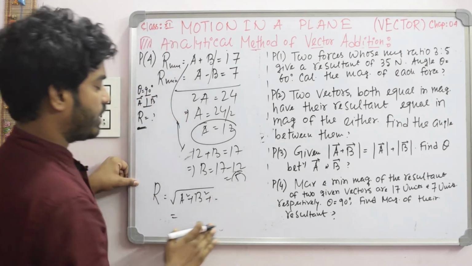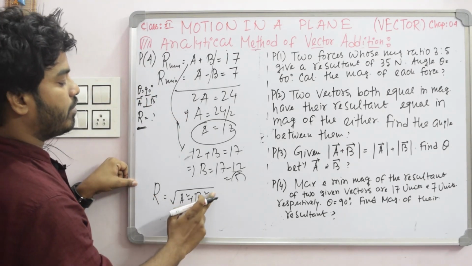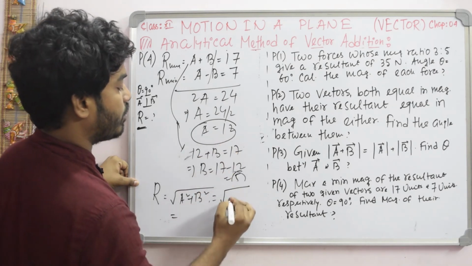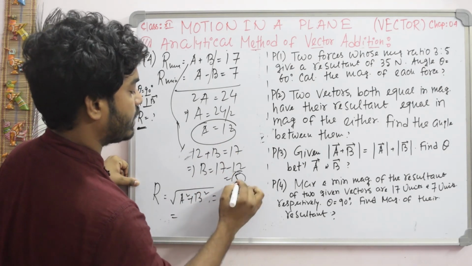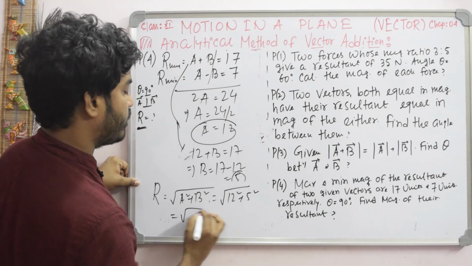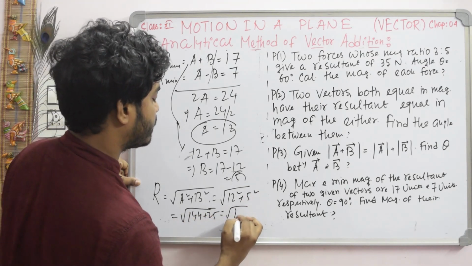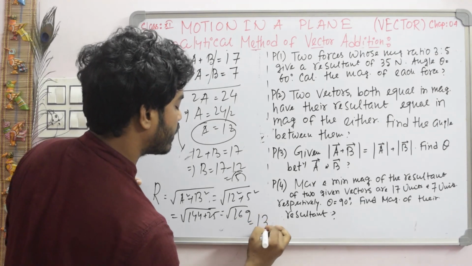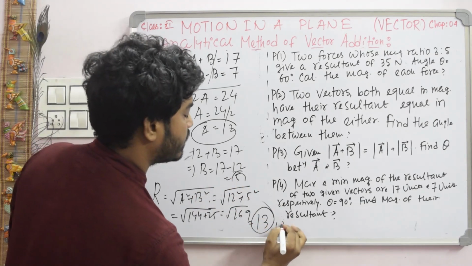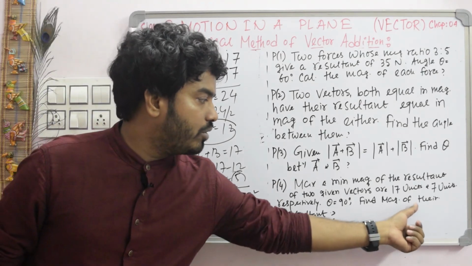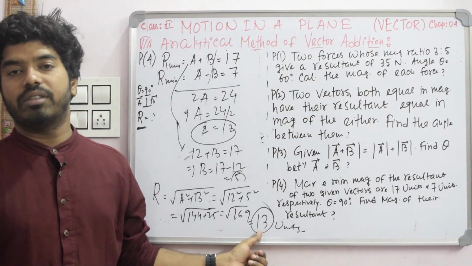So the formula becomes R equal to root under A square plus B square. Just putting in the values, A is 12, so 12 square plus B square, that is 5 square. So this gives 144 plus 25, that is 169, and root under 169 is 13 units. Okay, so the magnitude of their resultant is 13 units.